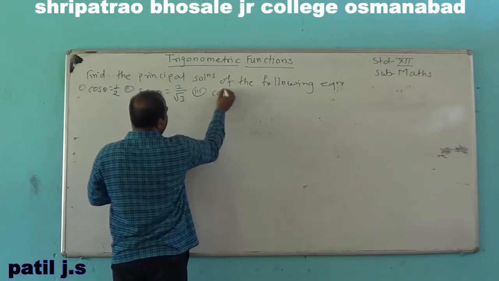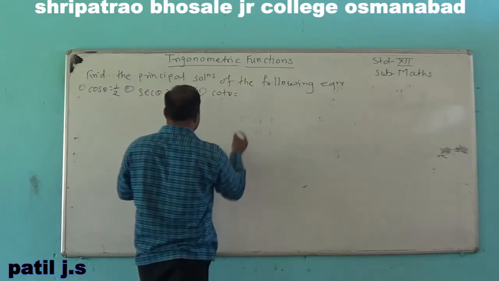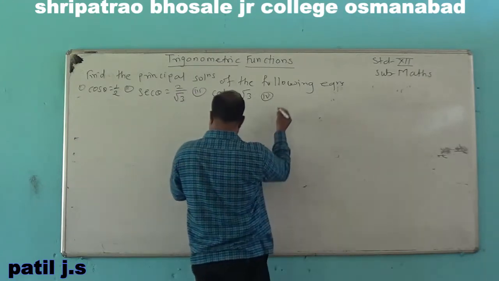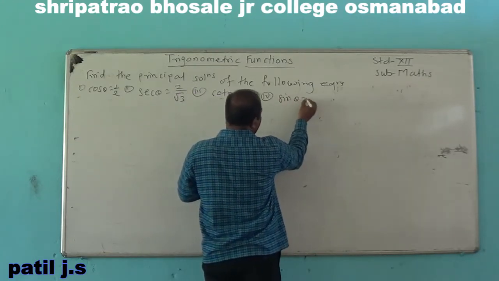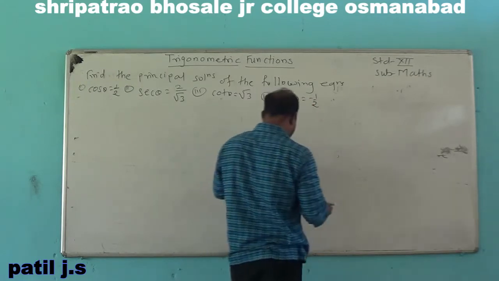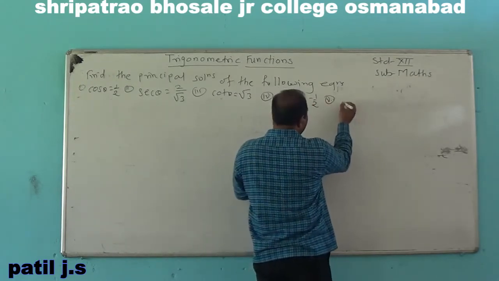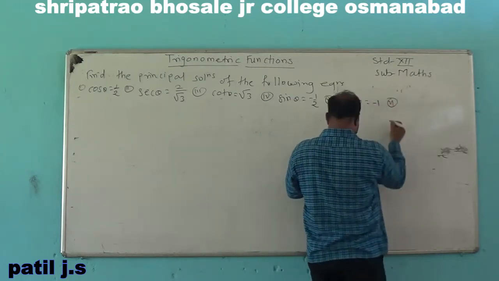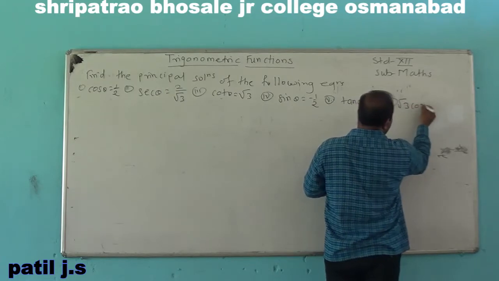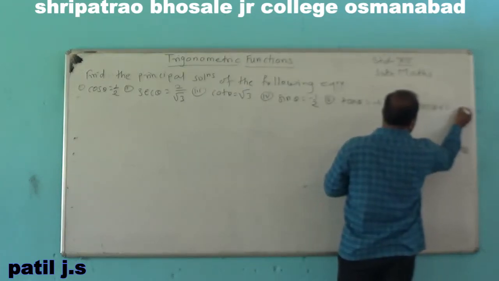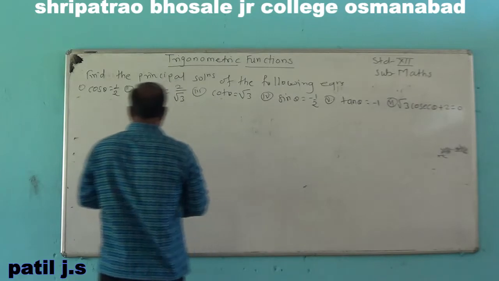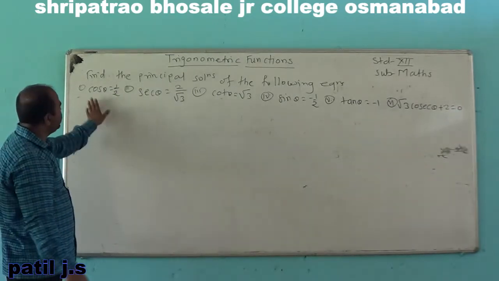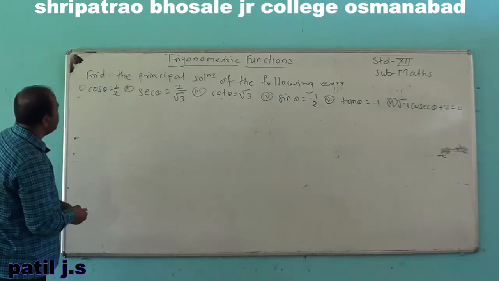Third, cot theta is equal to root 3. Fourth, sin theta is equal to minus 1 by 2. Fifth, tan theta is equal to minus 1. And sixth, cosec theta plus 2 is equal to 0. These are the 6 examples.